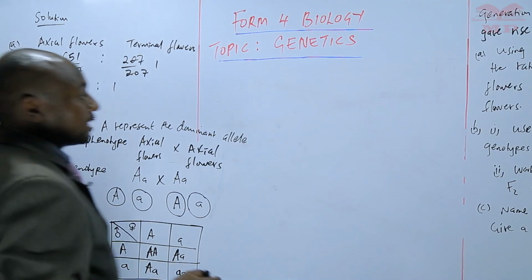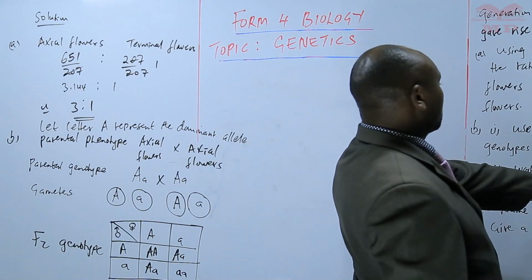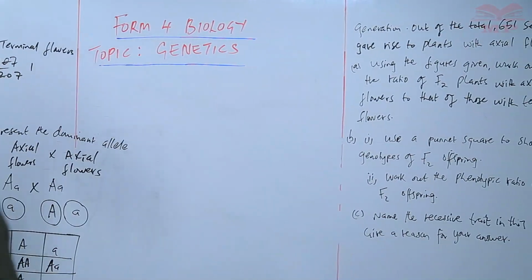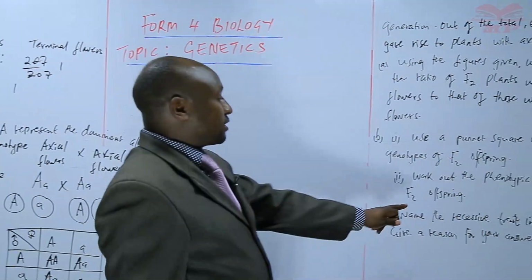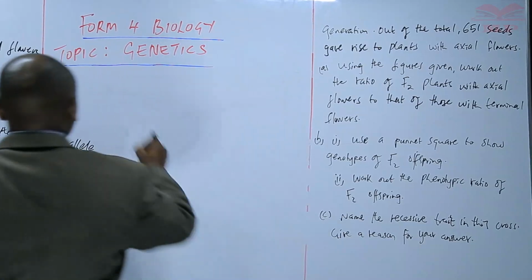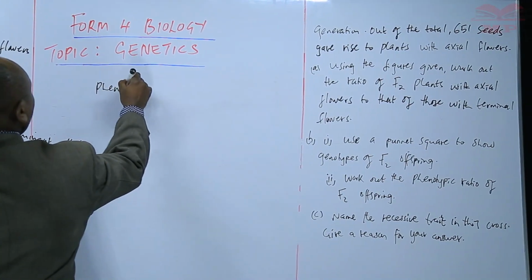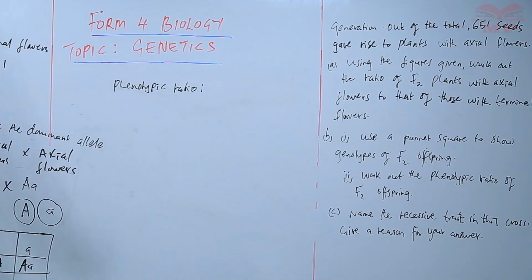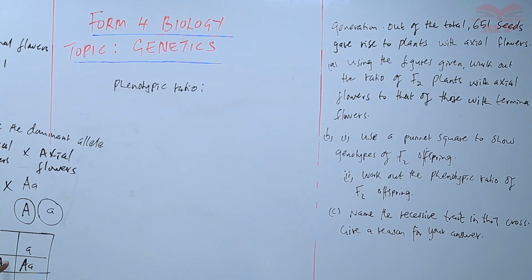And then we are told to show the genotypes of F2 offspring, which we have done, and work out the phenotypic ratio of the F2. So the phenotype of the first one was axial, the second axial, this is axial, and the last one was terminal.